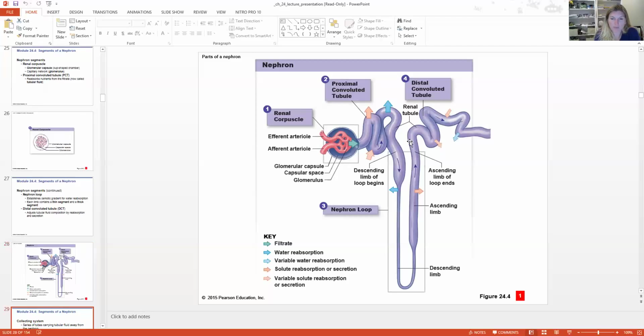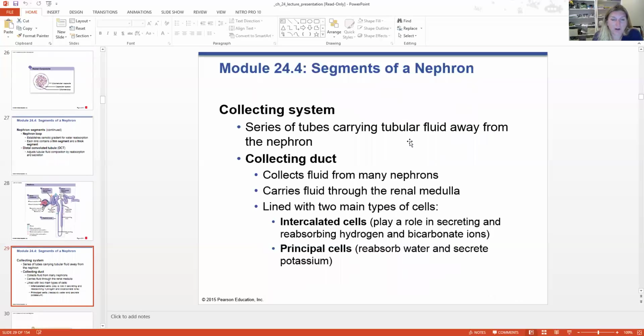So let's talk about the last stop on the tour through our little microscopic kidney structure, and that is the collecting system. First, I'll preface this by saying you might be thinking, I really don't get it yet. That's okay. This is just an overview of the anatomy. We're going to get all into the physiology. Trust me. So our last stop from the DCT, all of this filtrate now goes into the collecting system.